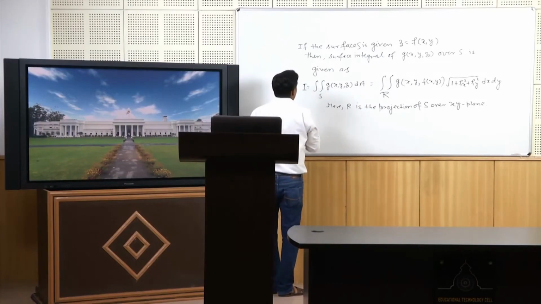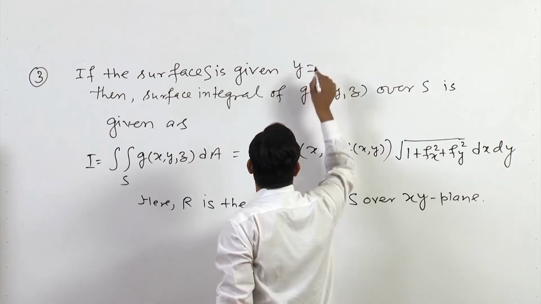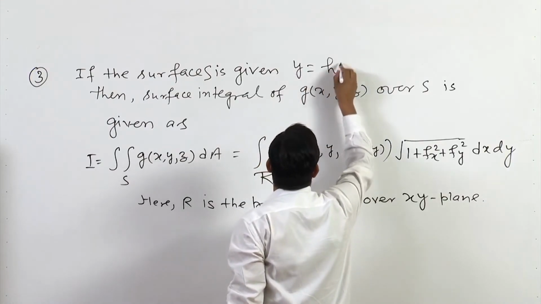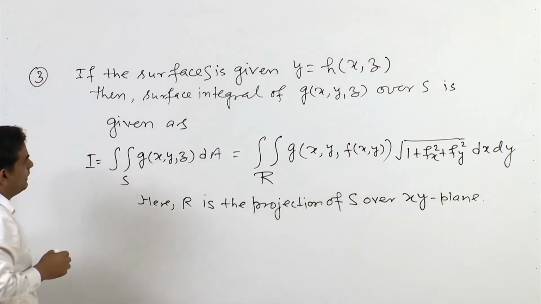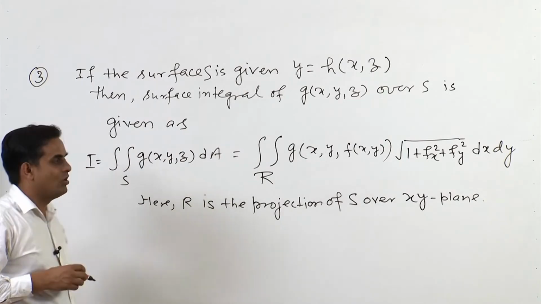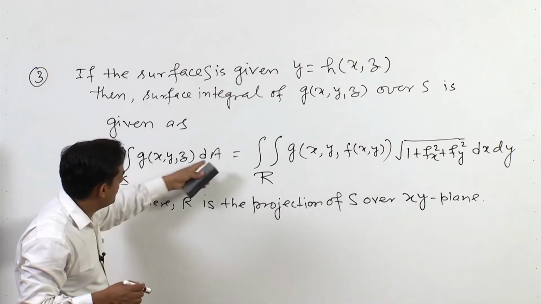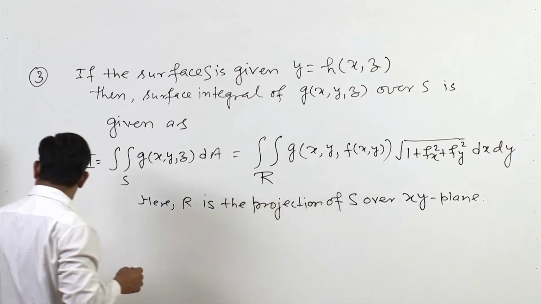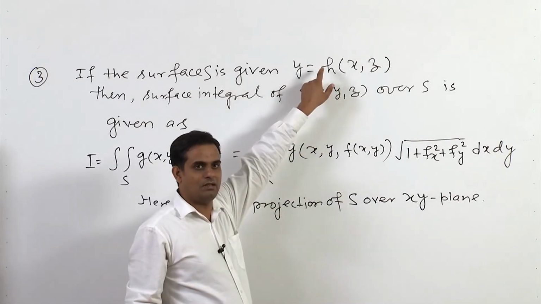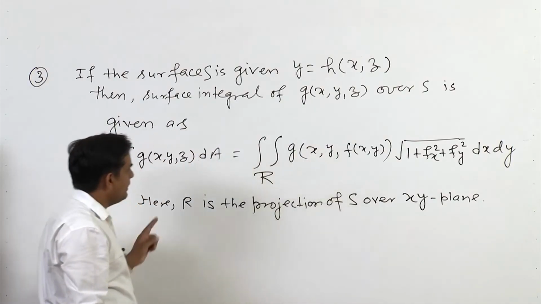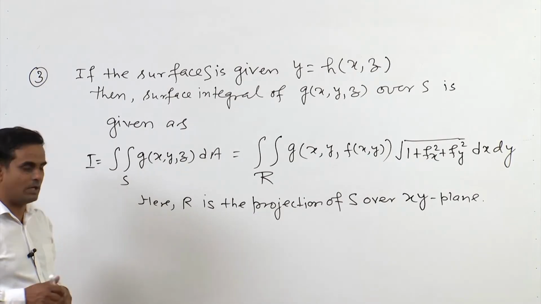Next formula is, if the surface S is given as y equals to some function h of x and z, then the surface integral of the function g of x y z over the surface S is given as the double integral of g x y z dA. And now from the previous lecture you know that if the surface is given in this form, then I will project the surface S over the xz plane.